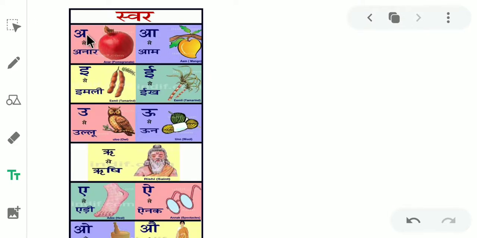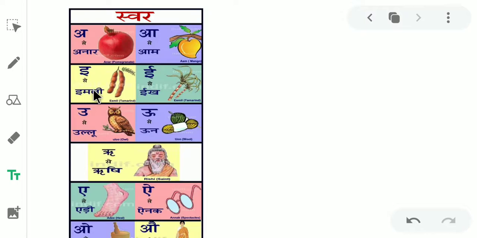Now this is A. A stands for anar. In English you can say pomegranate. A stands for am. Am means mango. E means imli.